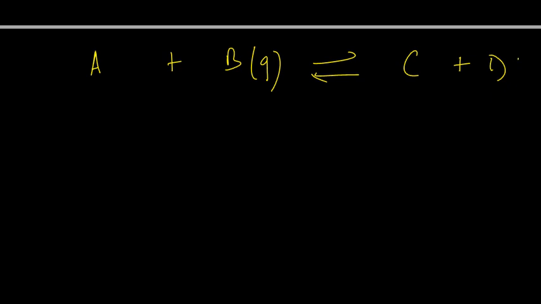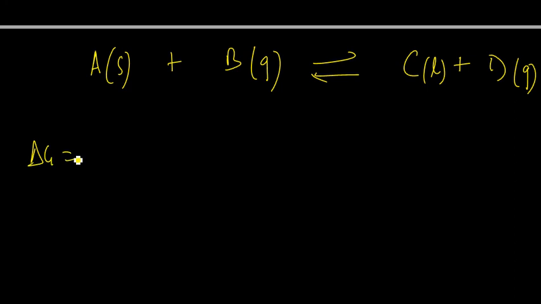So just to complete that, what I'll have is delta G would be equal to, let's say, A plus B going to C plus D, and out of these B is a gas over here and D is a gas over here. This is a liquid, that's a solid.